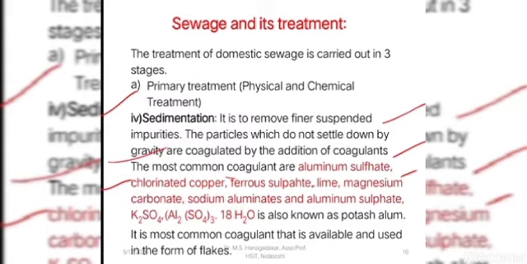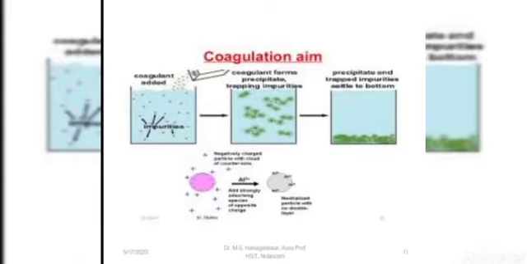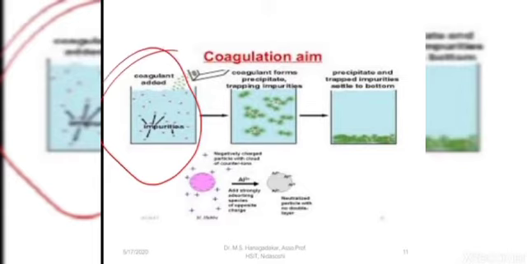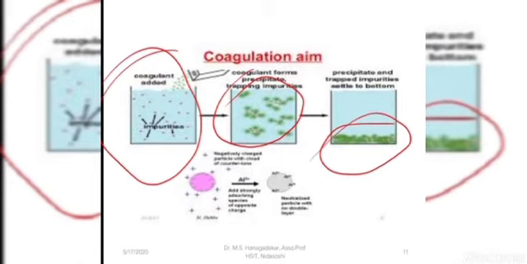Amongst all these chemicals, the most widely used one is potash alum, a coagulant which allows the suspended impurities to form flocs or settleable form. Here you can observe the water containing the oil. After adding the coagulant into the water, those suspended impurities come out in the form of precipitate, which traps the impurities, and afterwards it settles at the bottom of the tank.